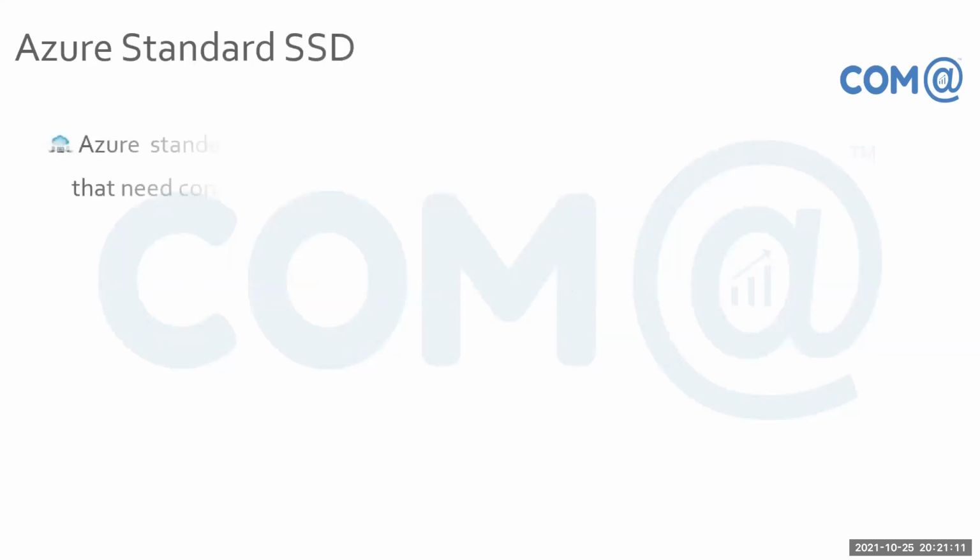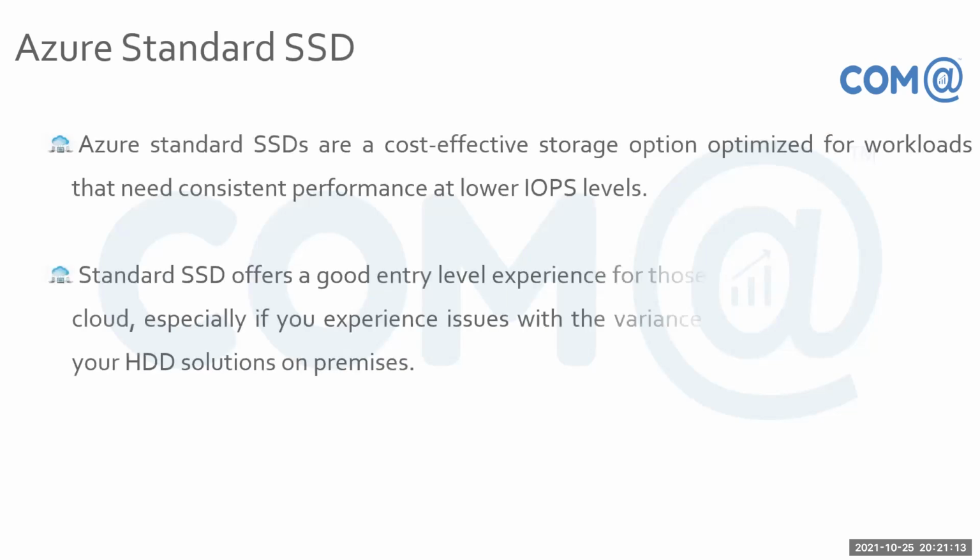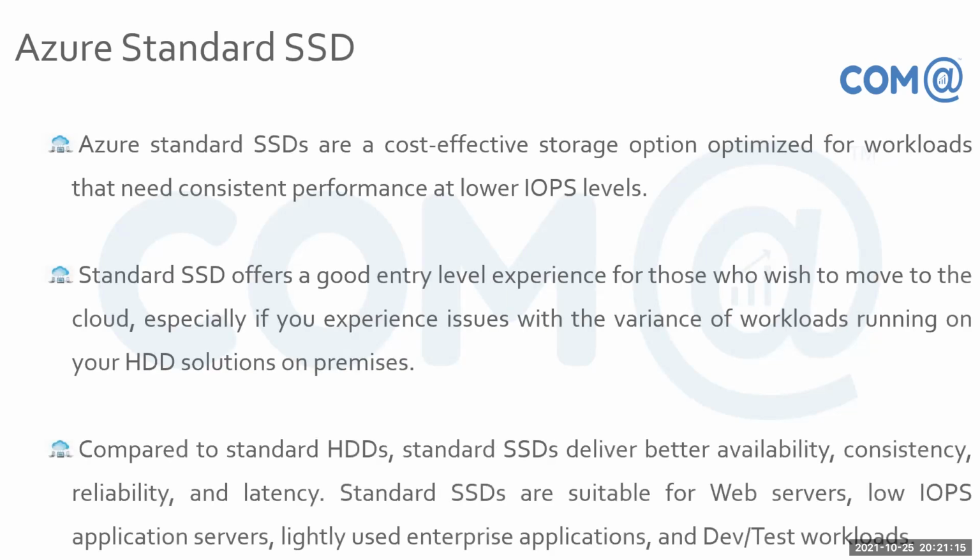And also we have standard SSDs. Compared to premium SSD, the standard SSD has slightly lower disk IOPS and lower throughput, but it is very much sufficient for your production applications like web applications or even a file server and so on.